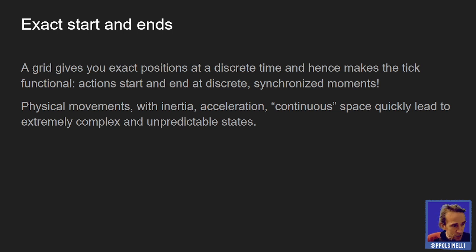So once you have adopted a discrete space with a grid and discrete time with a tick, with the two combined, you can have complete control of what is happening at every moment. And also each player can plan an action. Like to dribble, that is a plan: dribble the player in front of me.